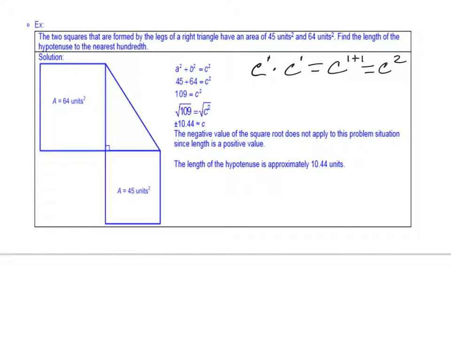So this is why we know that if we take the square root of c squared, that just means that we're going to get c. All right, so again, the negative value does not apply here, and we take the square root of 109 and get a length of 10.44.